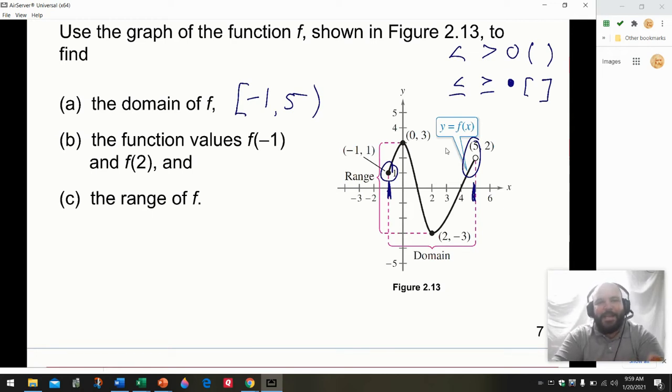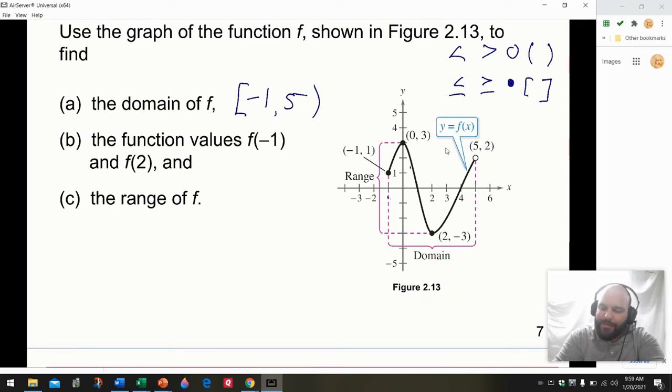So what that's saying is anything from -1 all the way up to but not including 5. Any of the numbers in between would also be okay for the domain of this function. And you can see that's the case because there is a solid line that's connecting those points from one side to the other. Now, the next problem asks us to find the function values f of -1 and f of 2.